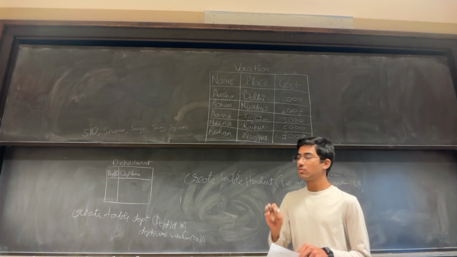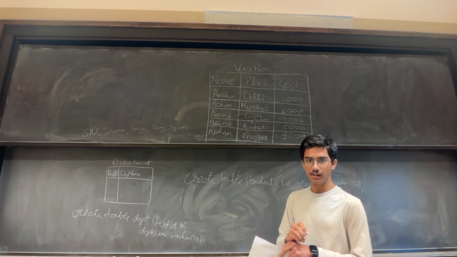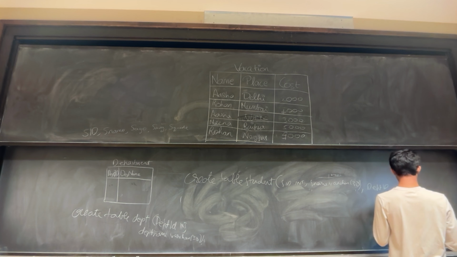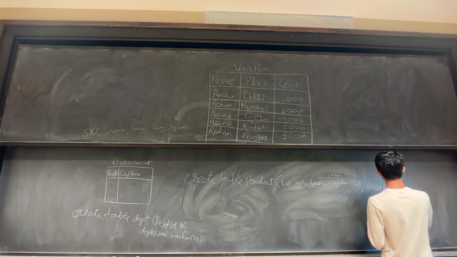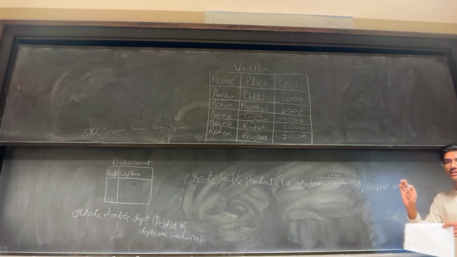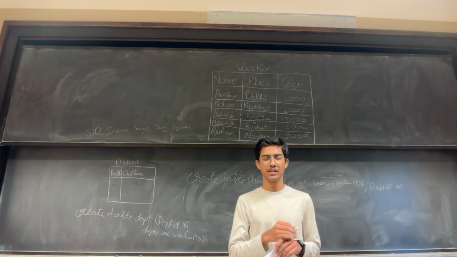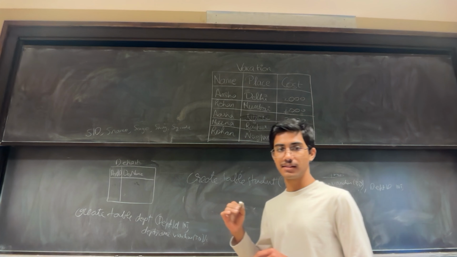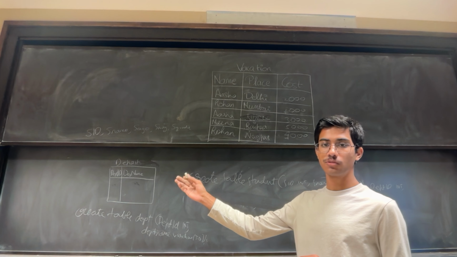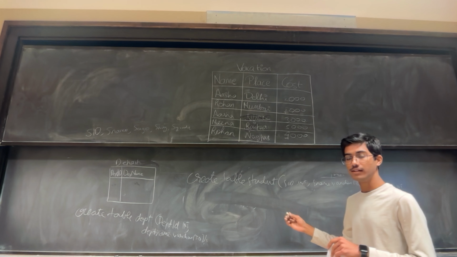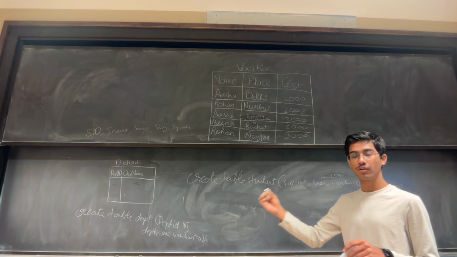Now I know that I want to access the department ID as well, so I'll write department ID, which is also an integer. So now I've created 3 columns of my student table, but I want to access the department ID values from my department table. So that means the department ID in the student table is a foreign key.